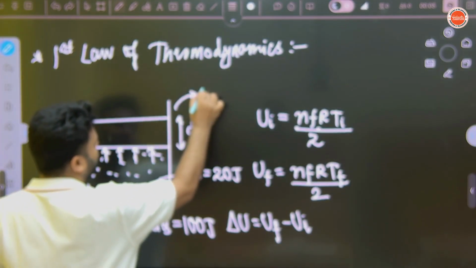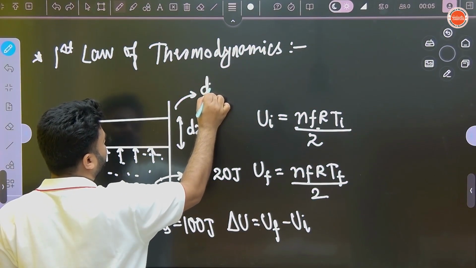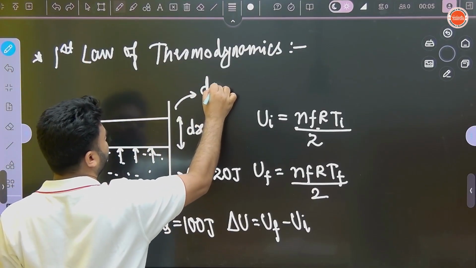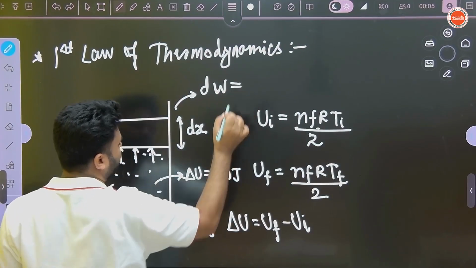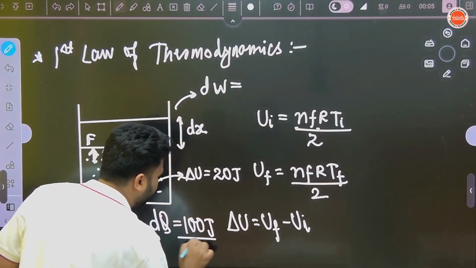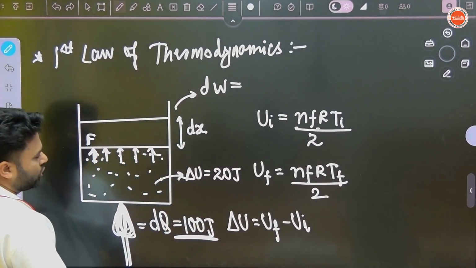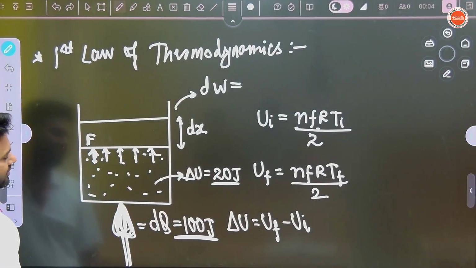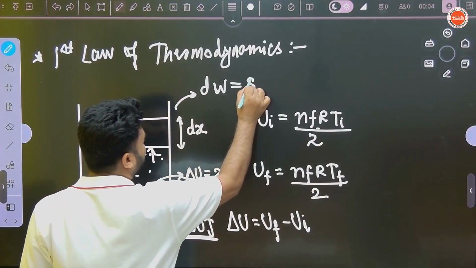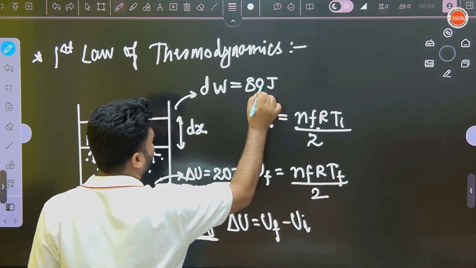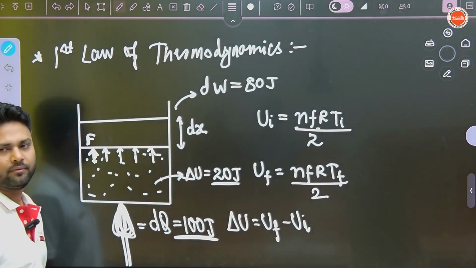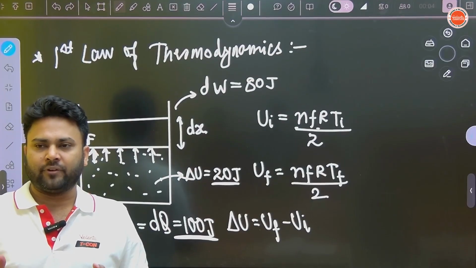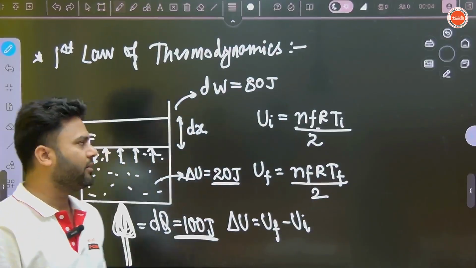Force into displacement is work. In this example, out of 100 joule, 20 joule is utilized in changing the internal energy, and work done by the gas will be 80 joule. So 80 plus 20, 100. You consumed 100, 20 you changed internally, and 80 you did as work.